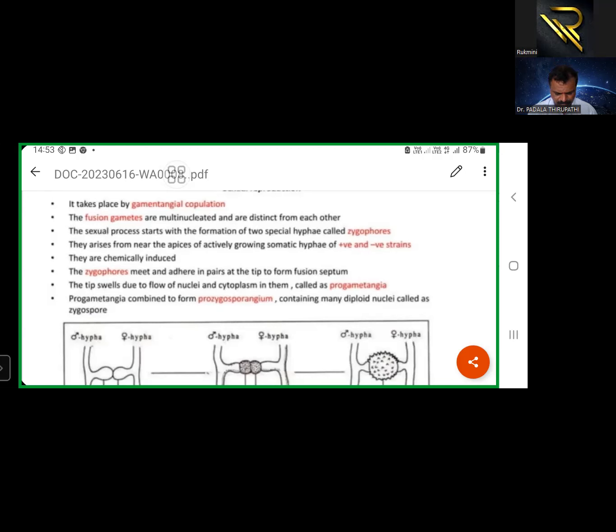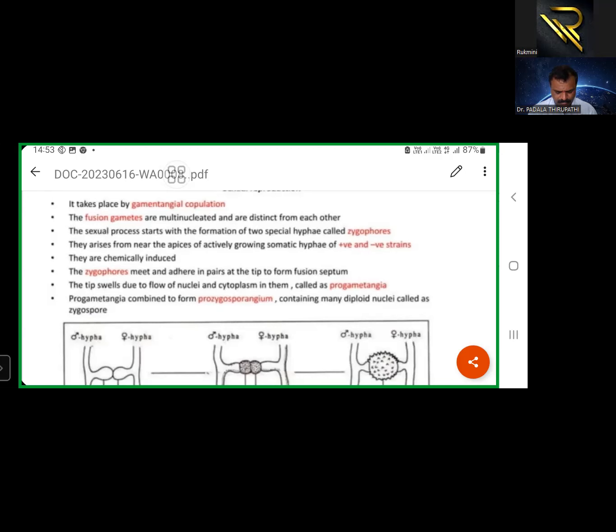Those are called homothallic species. Here we have to discuss homothallic species and heterothallic species. What is homothallism and what is heterothallism?